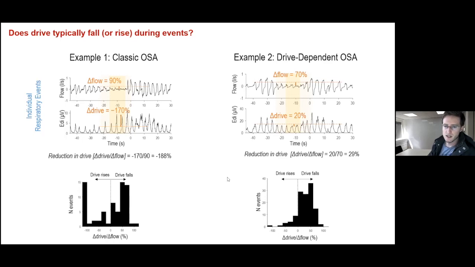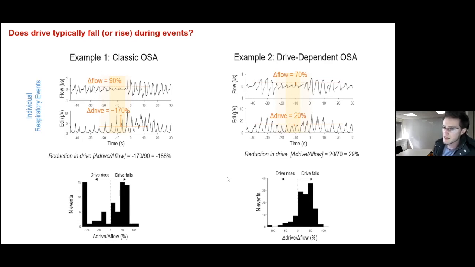Have we looked into comparing changes in the resistance of the upper airway during common types of hypopneas versus drive dependent? Yeah, we have a sense of resistance. One way of thinking about resistance is the ratio of flow to drive. If you like, that's a version of resistance that we like to use. It's calibrated to wakefulness.